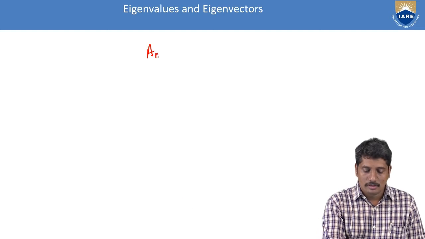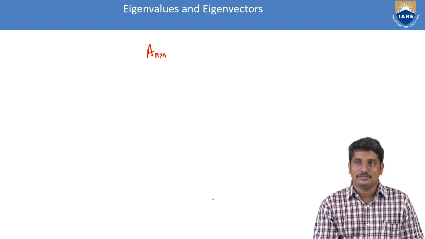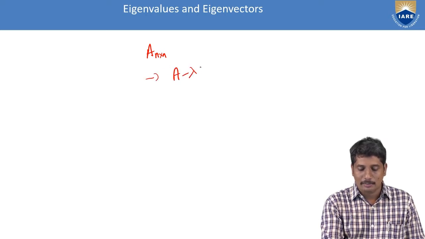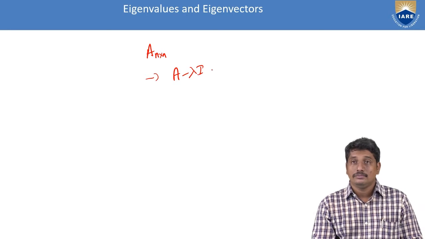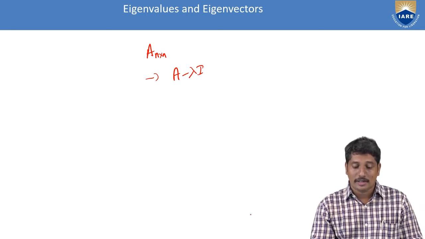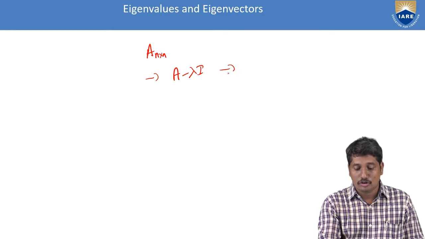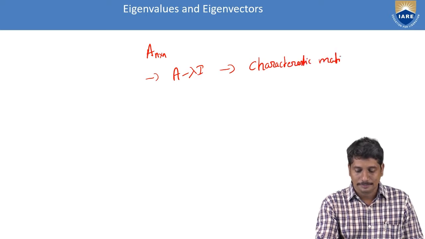When we have a square matrix of size n by n, we can construct the matrix A minus lambda I, by subtracting lambda times the identity matrix. Then we get a new matrix which is called the characteristic matrix of A.